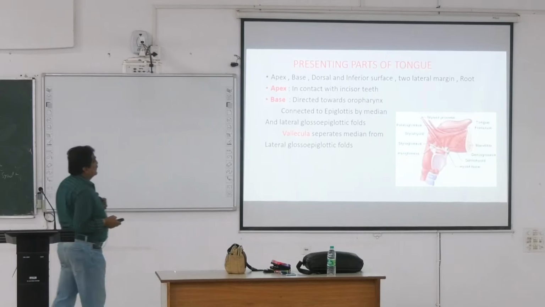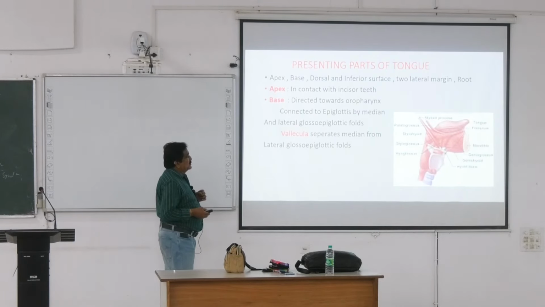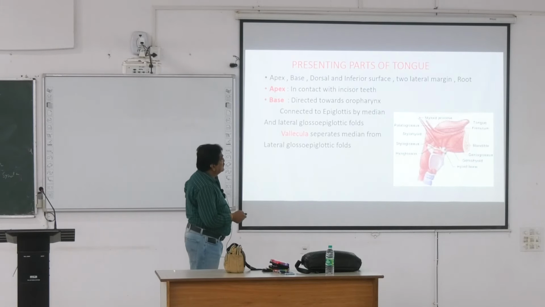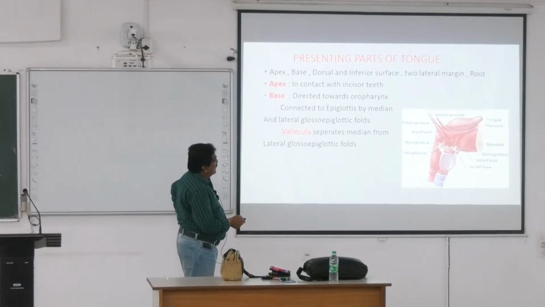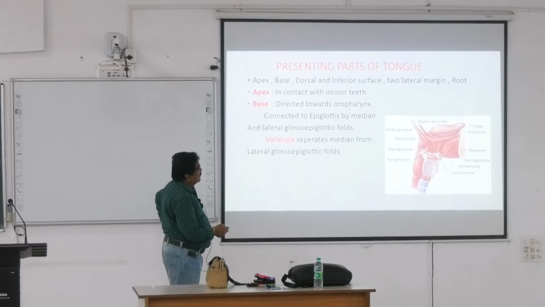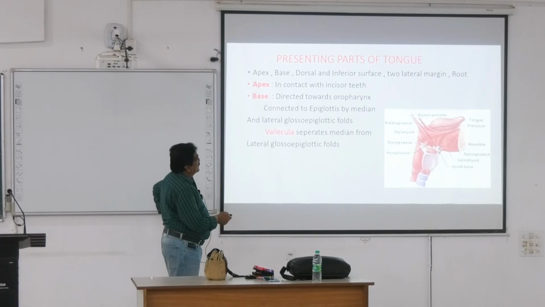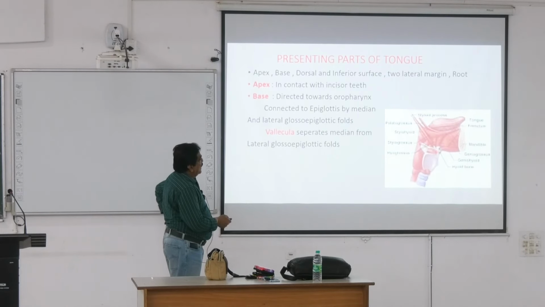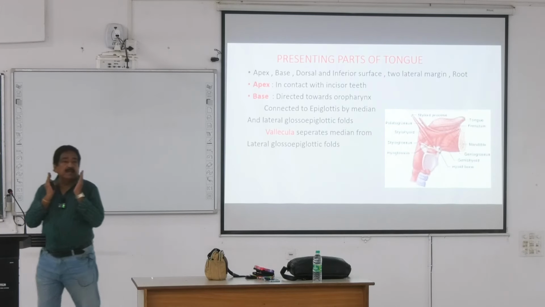The vallecula separates the median from the lateral glossoepiglottic folds. Now, this is the condition. Part of the mandible has been removed to depict the floor, the tongue as a whole. This is the posterior, this is the apex, and these are the different muscles of the head and neck region.